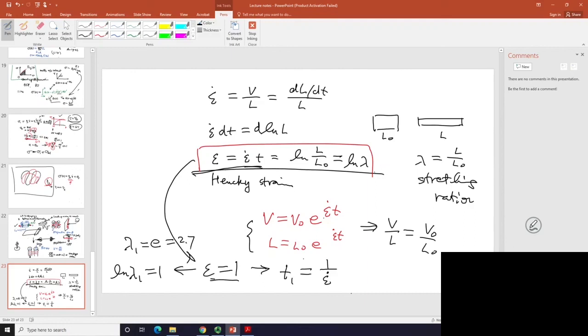So we're coming back home talking about what it takes to change the shape of your material by a considerable amount. In shear, we talked about 100% deformation, h to the right over the height. Here, we can also at least speak about when I almost tripled my length, 2.7, how long it takes.